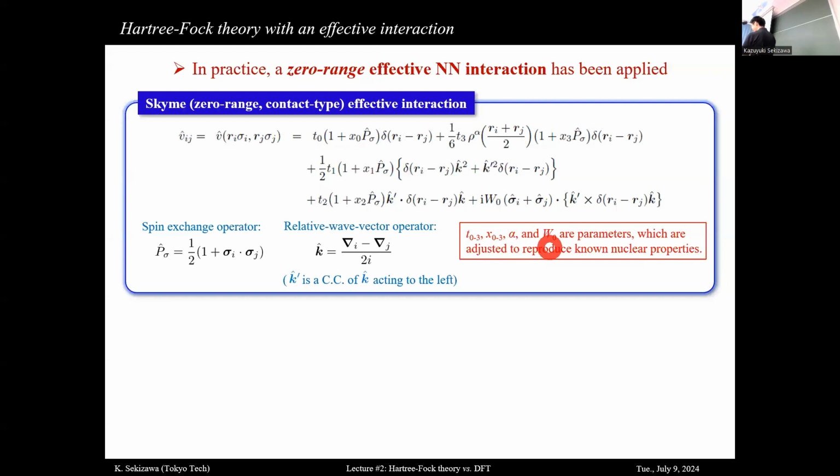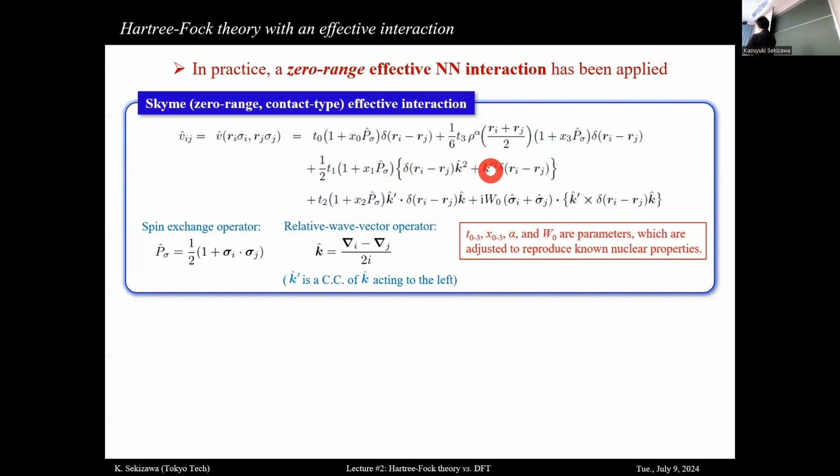those are parameters fitted to reproduce experimental data. And also, W0 is the interaction. This term represents a spin-orbit interaction.